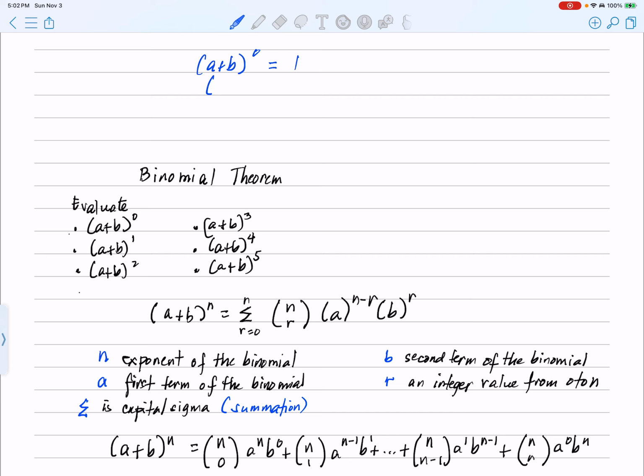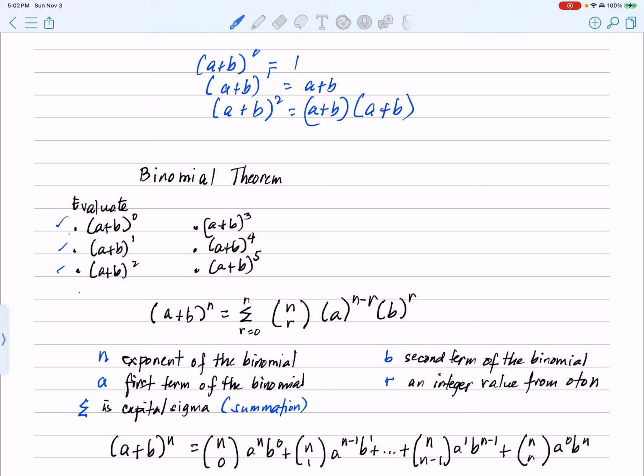So a plus b to the first power will be a plus b. If you have a plus b to the second power, you're going to write it as a plus b and a plus b.